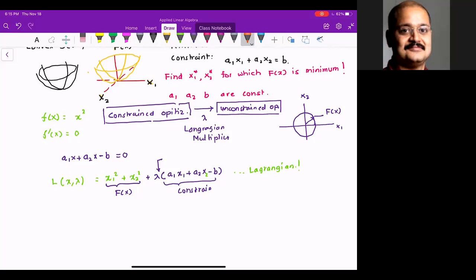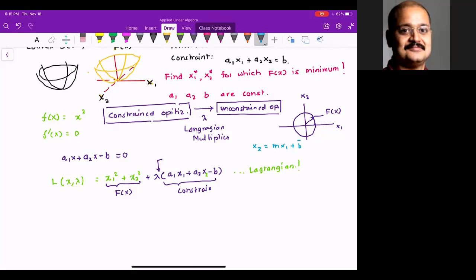Okay. So now what I want to do is, there is this equation a1 x1 plus a2 x2 plus b. This equation, do you agree with me, can be written as a line. So I can write this equation as x2 is equal to m x1 plus say b bar.